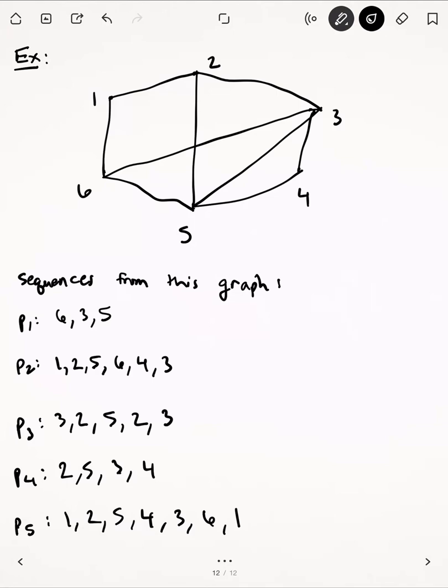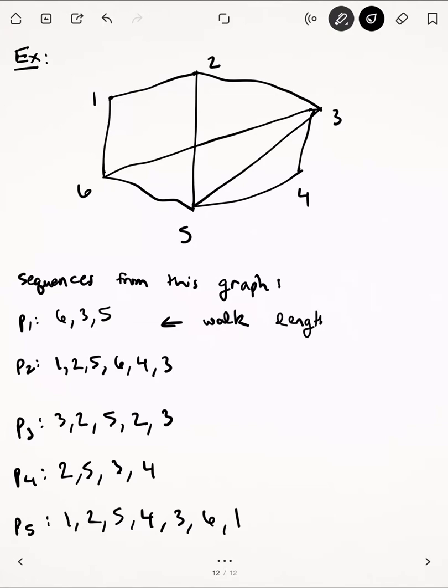So notice, P1 here is a walk, and indeed it's a path. The initial vertex is 6, the terminal vertex is 5, and the length is 2.